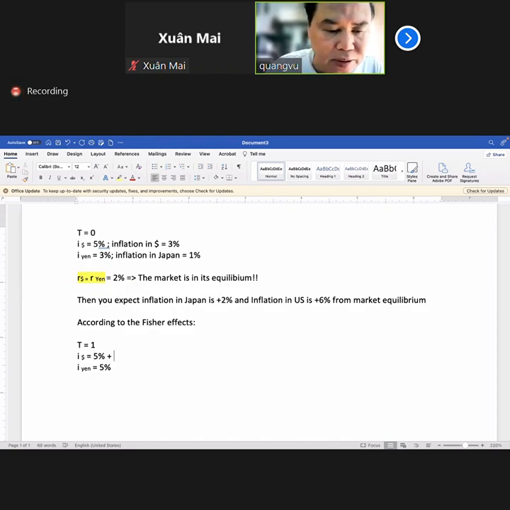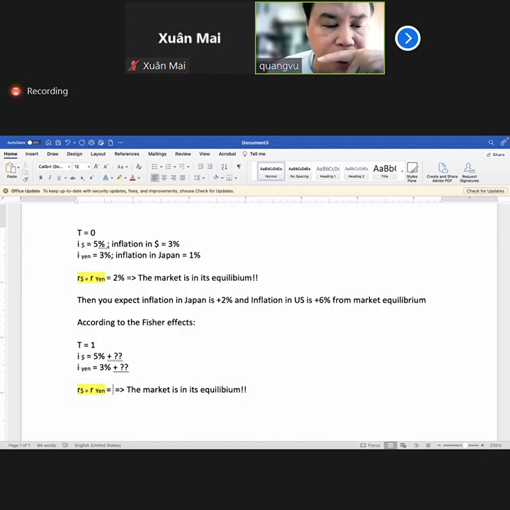Plus what? We don't know. And yen goes up by 3%. Plus what? We don't know. But we do know that eventually the real rate in the two markets must exactly equal each other. You follow me? You got it?